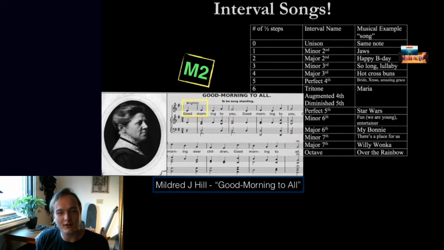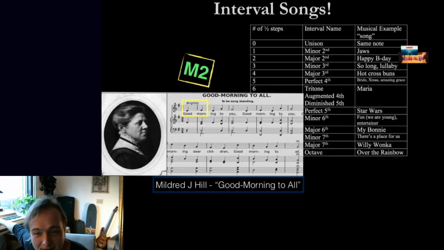And the original was called Good Morning to All. I think it's so cute, it was for her kindergarten class. It says at the top to be sung standing. So everyone would stand up in the morning and then they would sing, good morning to you, good morning to you, good morning, dear children, good morning to you.